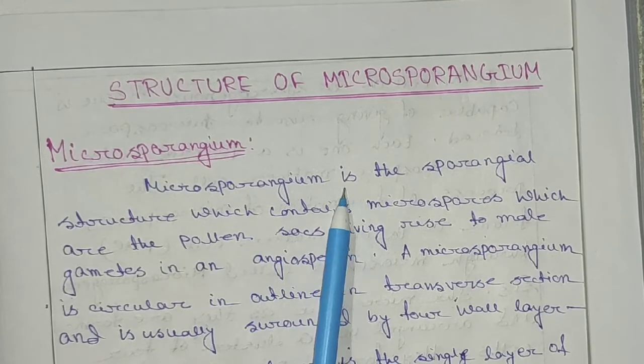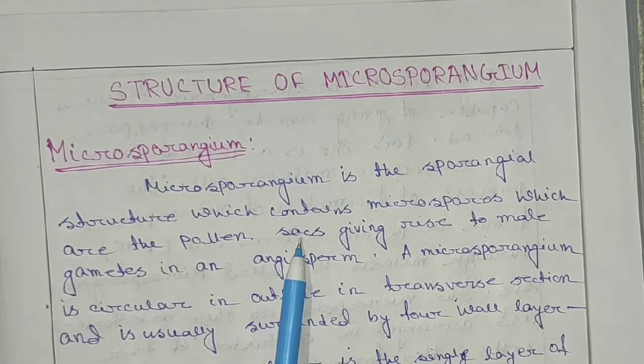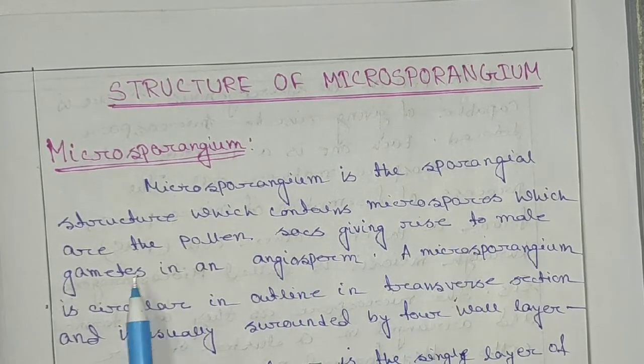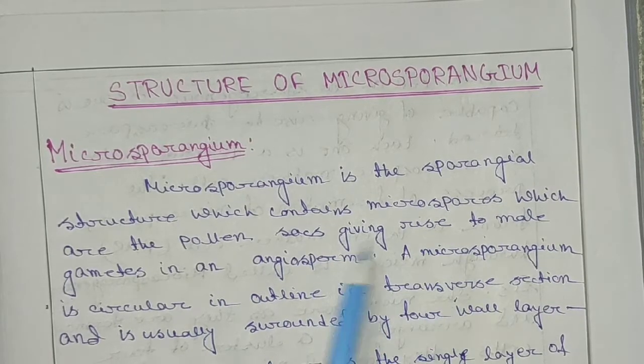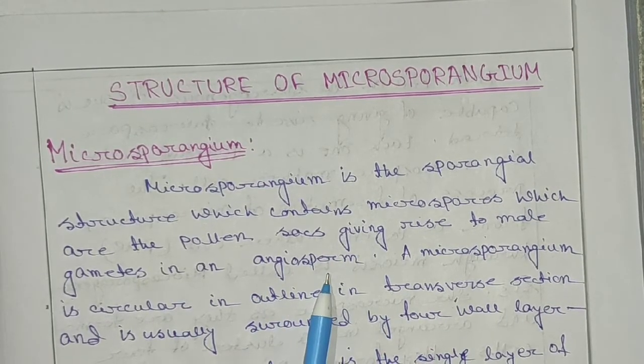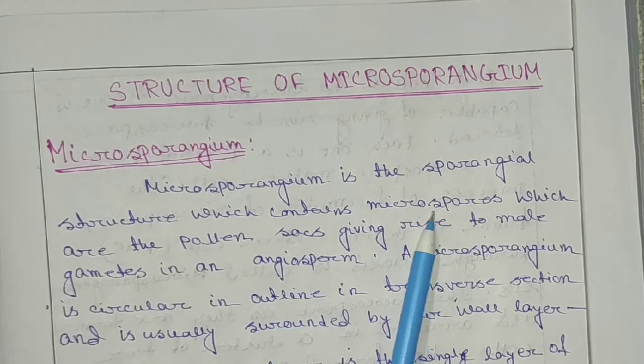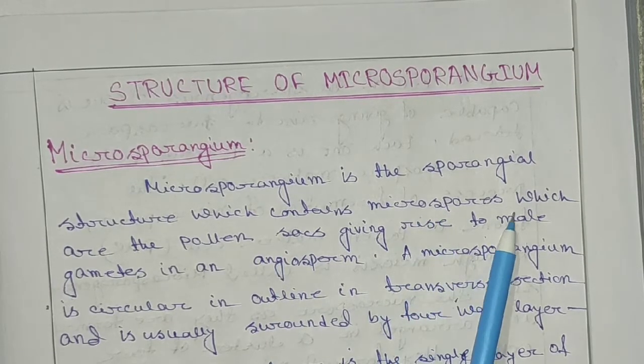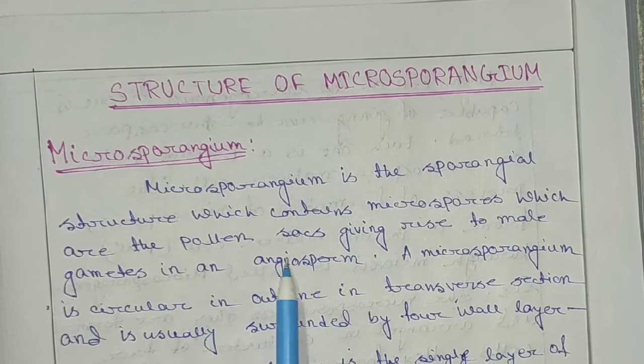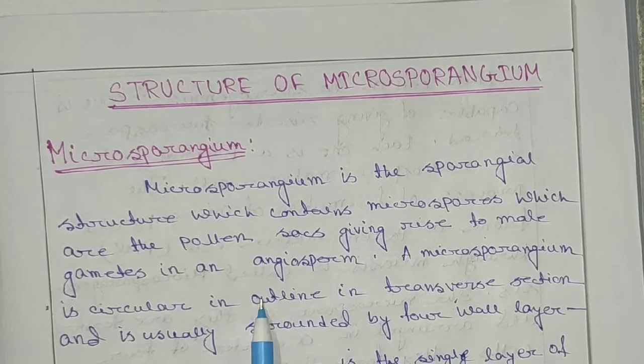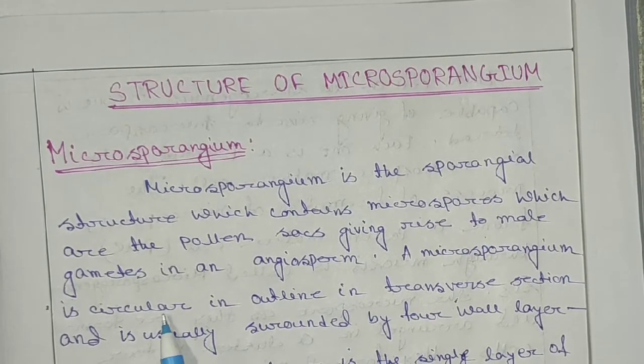So the microsporangium is the sporangial structure which contains microspores, and these pollen sacs give rise to the male gametes in the angiosperm.